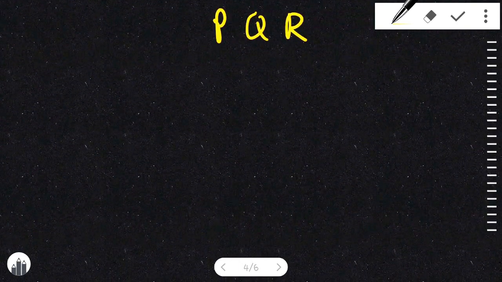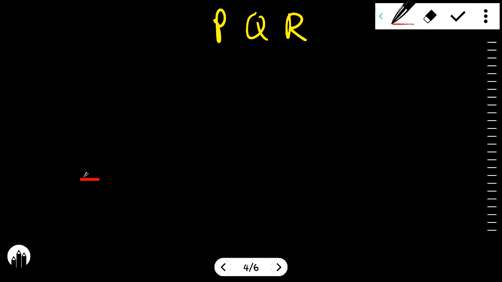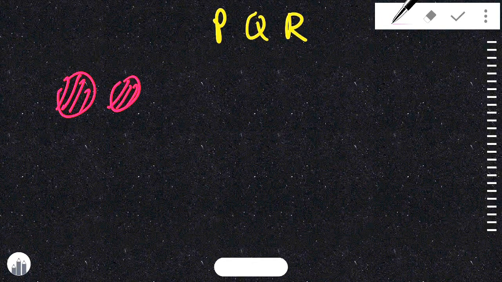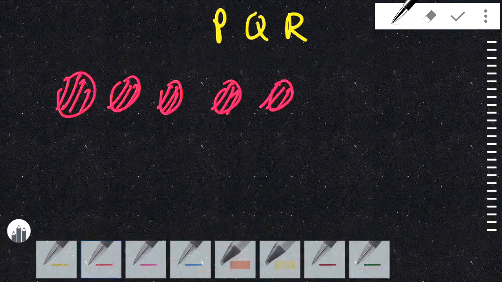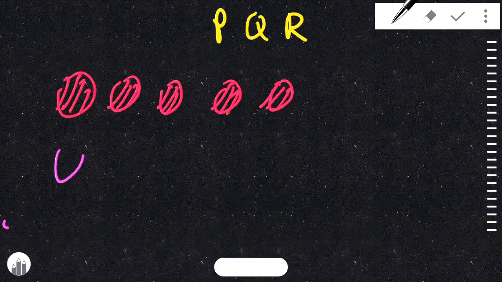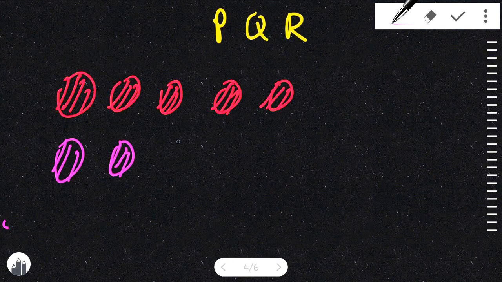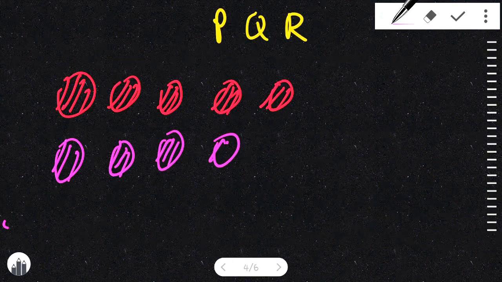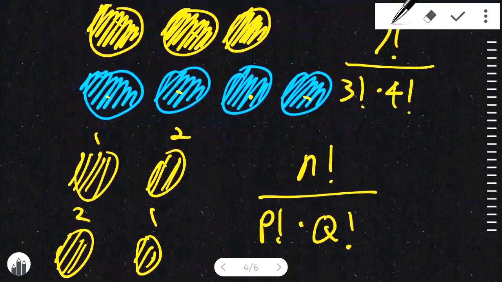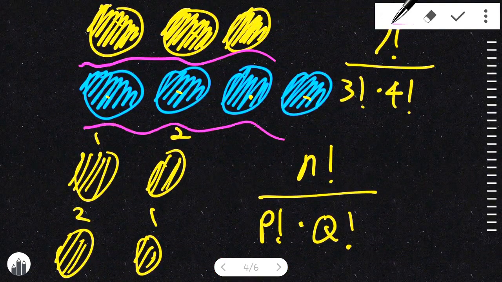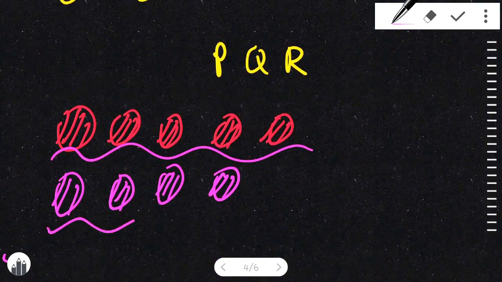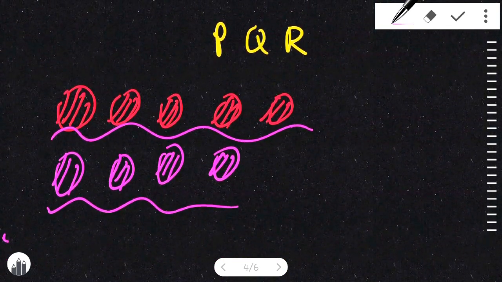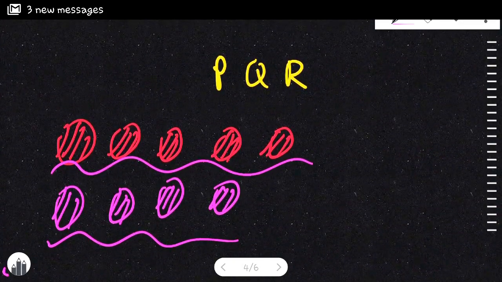Let's take another example. This time, let's say there are also 5 red balls that are joining the line, with 4 pink balls as well. So now we have 3 yellow balls, 4 blue balls, and then 5 red balls and 4 pink balls. What would be the total number of possible values?